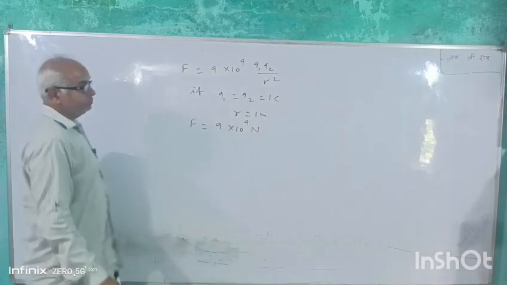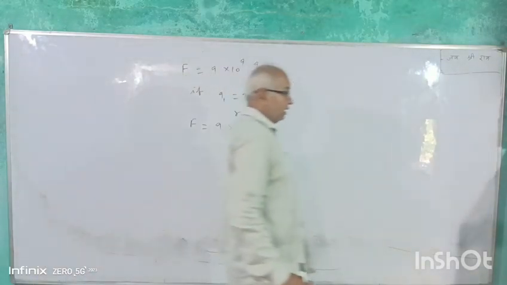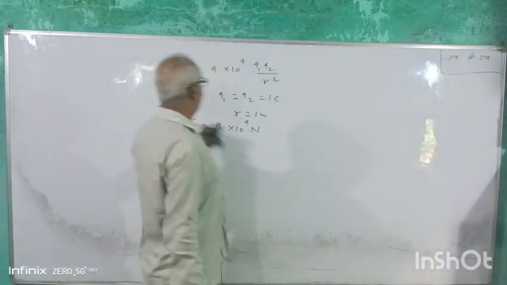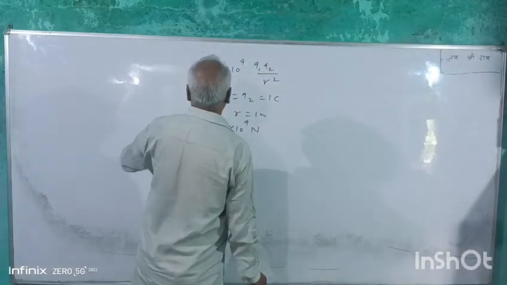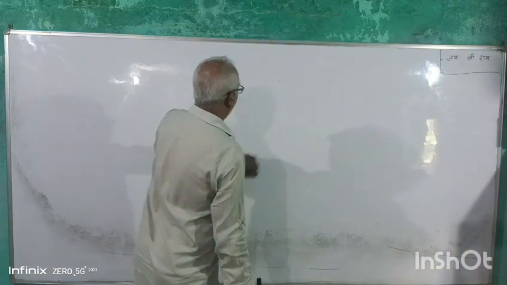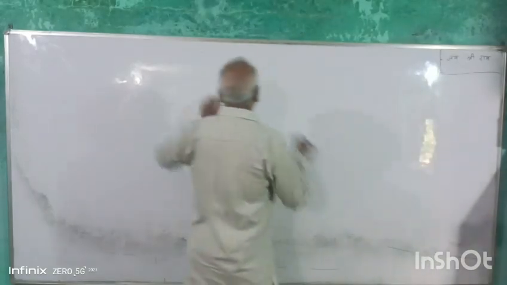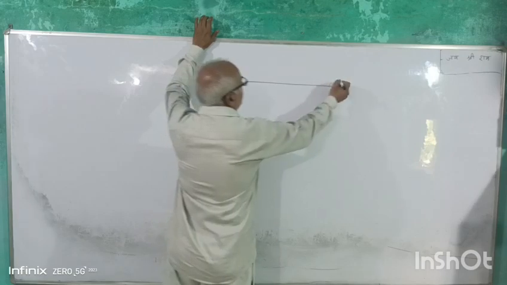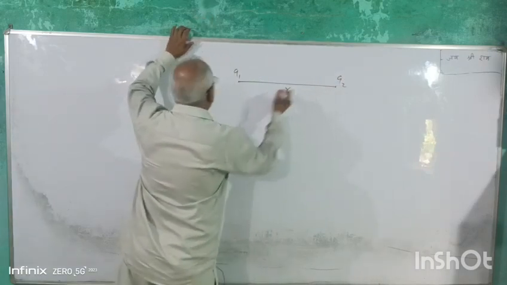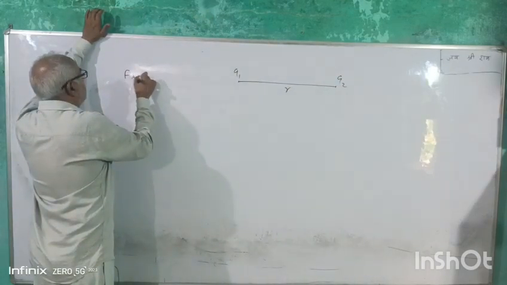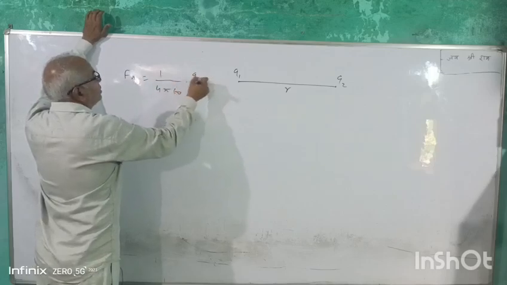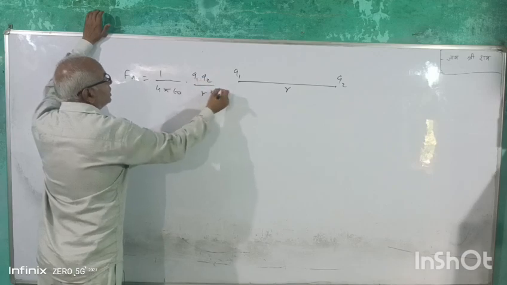Now, what's the effect of dielectric medium on the Coulomb force? We know that the force acting between two charges kept in air is given by Fa, this is equal to 1 upon 4 pi epsilon naught Q1 Q2 upon R square.